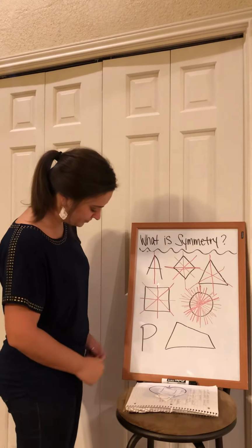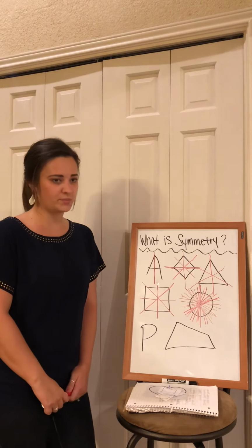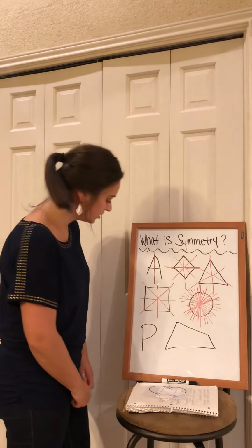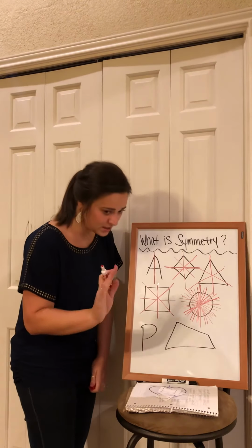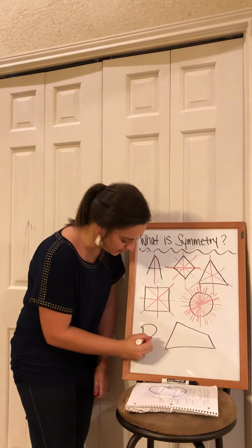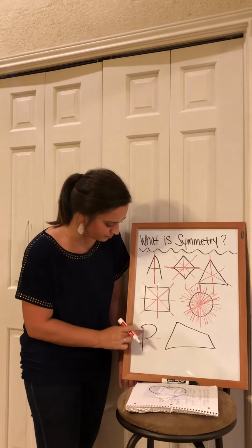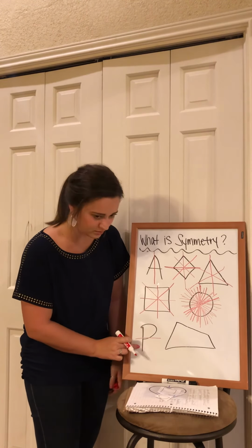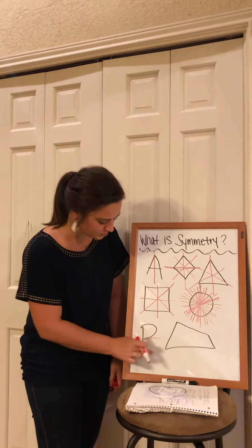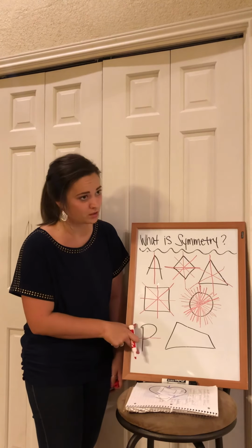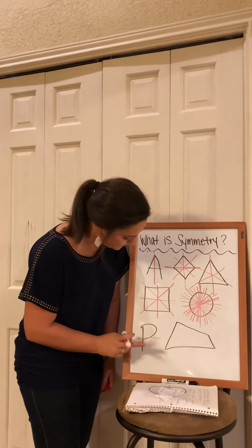This P, there's nowhere that I can place a line to make two mirror images. Okay, if I did cut it this way, there's no bump down here. So there's a bump, there's no bump down here. I mean, if it was a B, yeah, but this is a P, not a B. Okay?